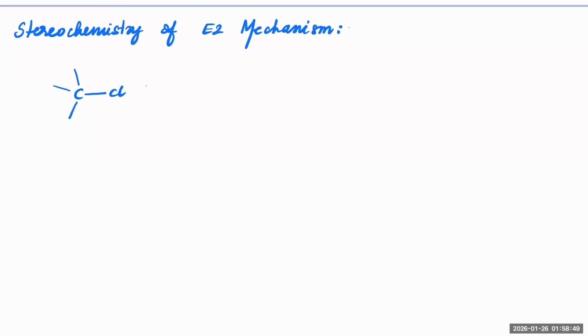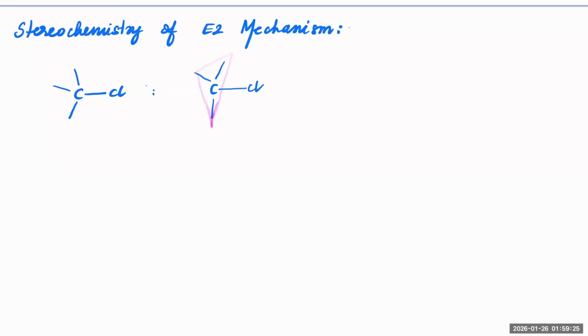Now, if you put this bond properly, it is actually like this, carbon having these three bonds in this trigonal planar form, and then chlorine is present here like this. Got it? Why I'm saying so? Of course, this is not exactly perpendicular to this one. This is not perpendicular, but slightly bent. That's how tetrahedral will be.